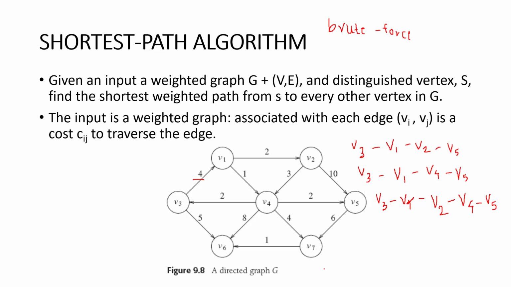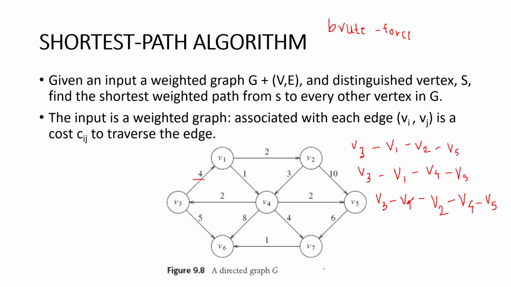But the difference is that in a minimum spanning tree we have to cover all the vertices, and the path which covers all the vertices is also a minimum path. But in the shortest path algorithm, there is no such restriction that we have to cover all the vertices. We can take any path possible which might include 2 vertices or might include 6 vertices.